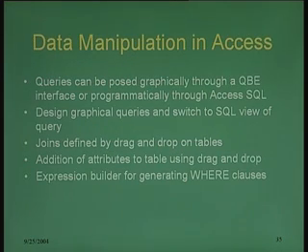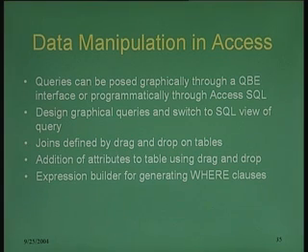Then queries can be graphically posed through what is called a query by example interface. That is, you can graphically show how your query should look. That is, I should have these tables with these associations and so on as part of my query result, and then say, now give me the query. So there is a QBE interface, and as you build your query in the QBE interface, an SQL statement is being created programmatically, to which you can also switch and change your query whenever you want.